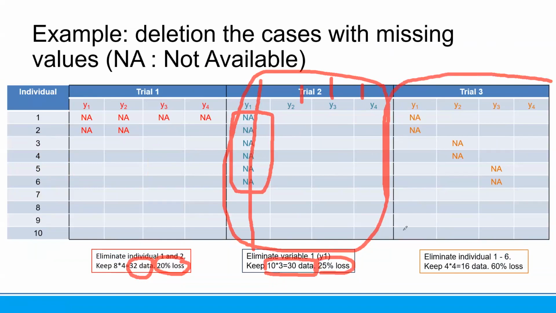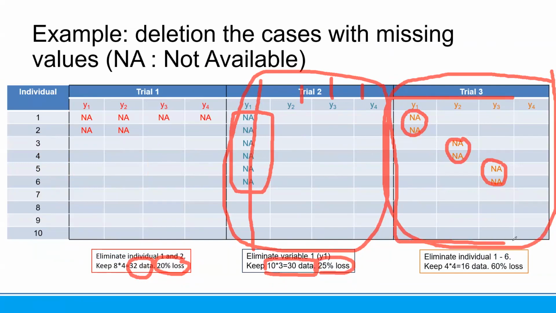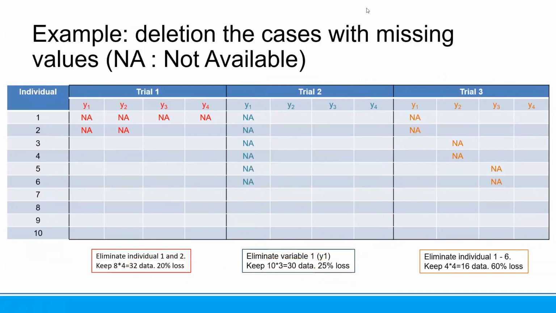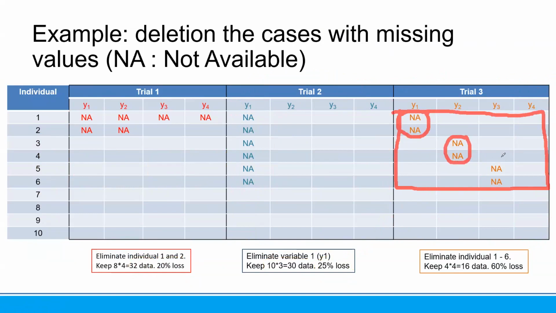But what about this? We have NA here, we have NA here, we have NA here. If you want to delete the 3 columns, it is not useful because you just have only 1 column. Then, okay, I want to delete this because it is NA, it is NA, and it is NA.